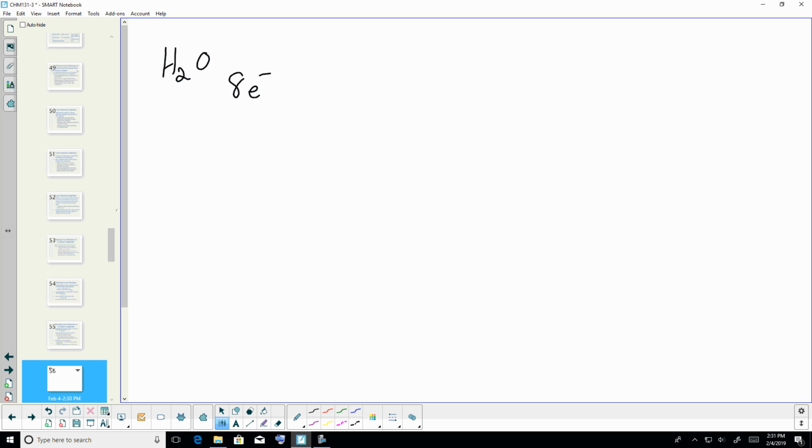Remember, hydrogen can never be the center atom, so oxygen by default is. So here's oxygen. Here's hydrogen. Here's hydrogen. We put our single bonds in. So we've used, out of the 8, we've used how many? 4. Do the hydrogens need any more? No, they have 2. So we have 4 left over.